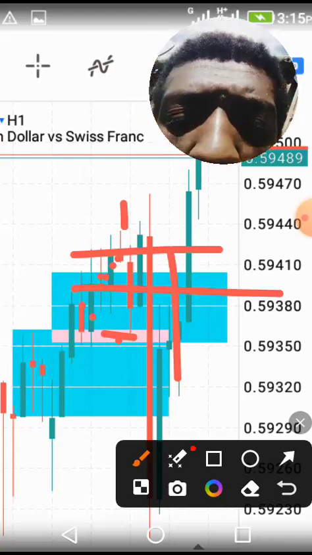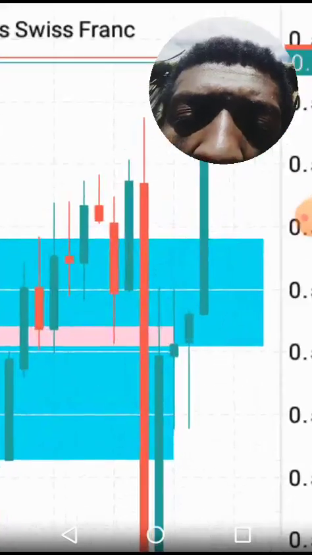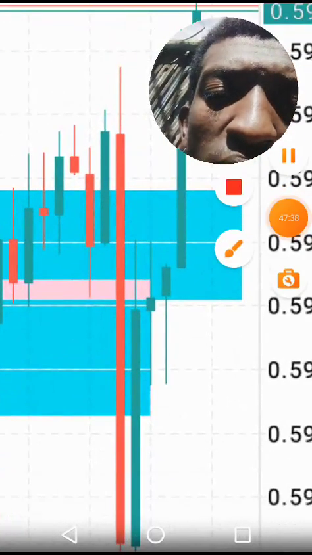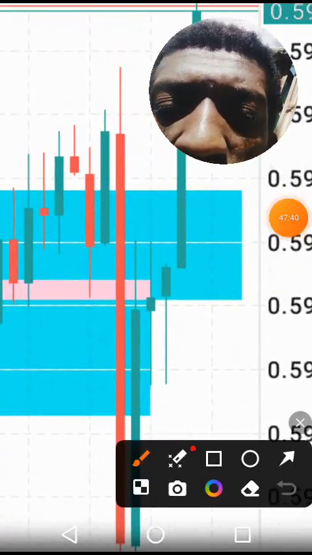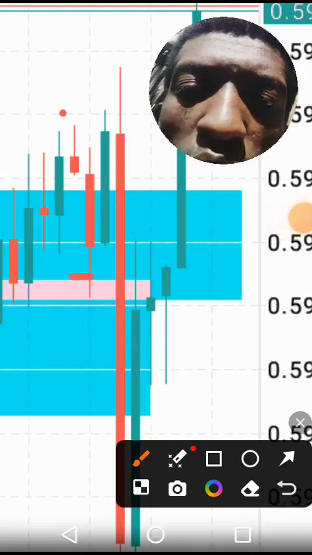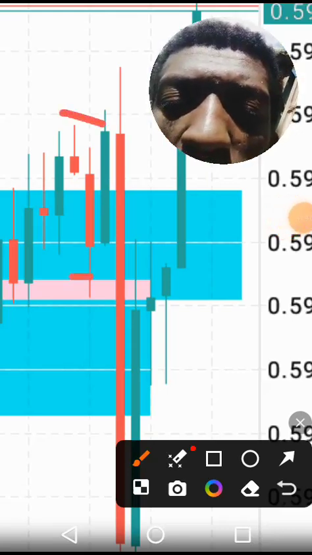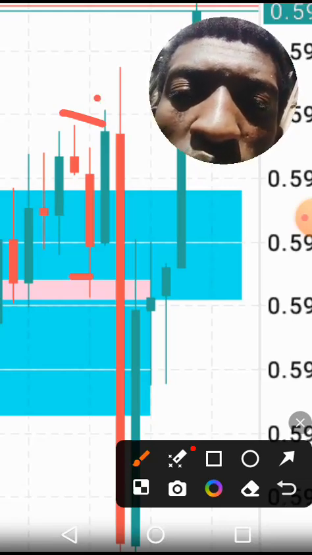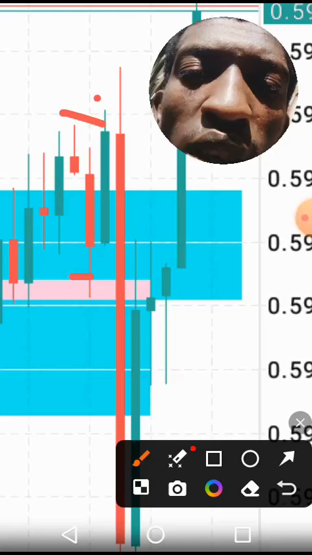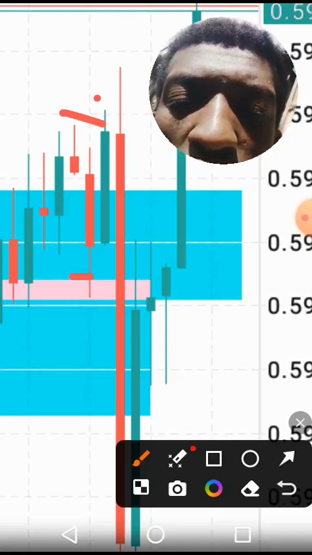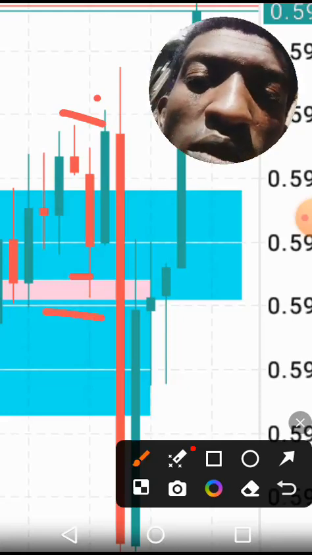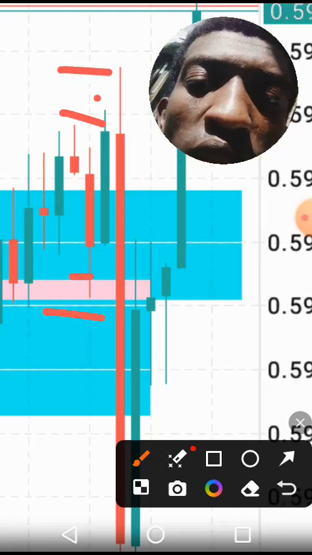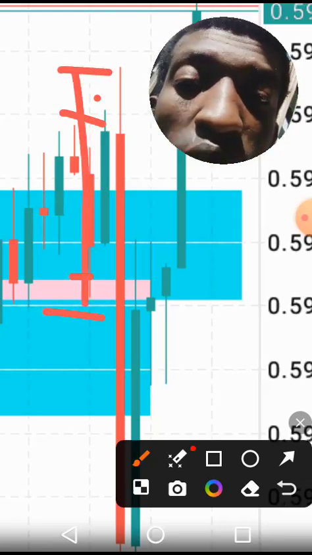Okay. So here, what would have happened here is, say that I got stopped out. With my stop loss, what does that mean? I am not buying again after the stop loss. My entry up there, the risk is huge.